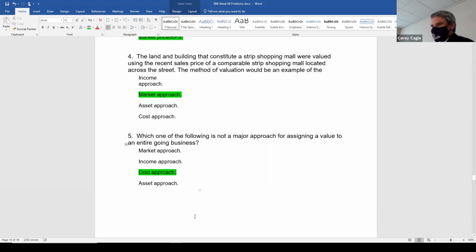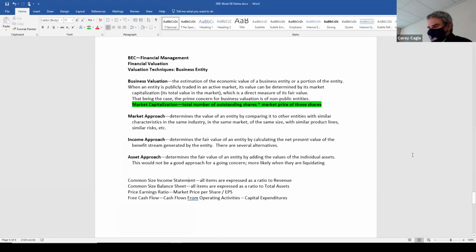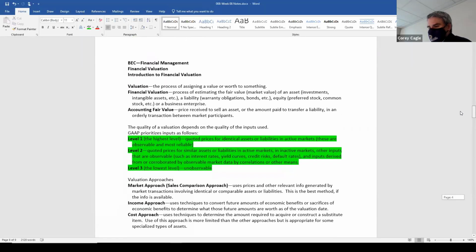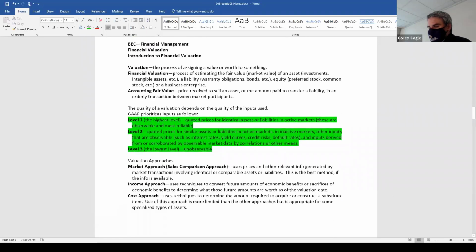And that's this real obscure off to the side thing where we're trying to figure out what the value of an asset is by trying to figure out how much it would cost us to construct a substitute item or acquire a substitute item.